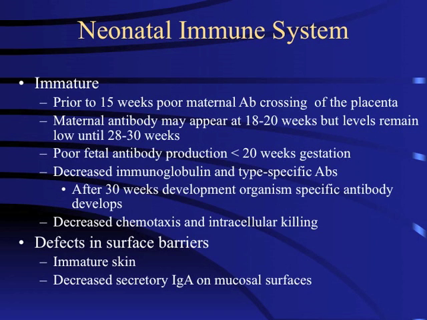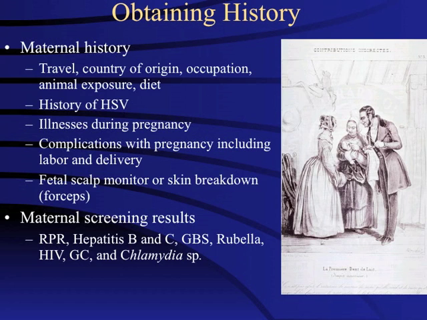There's very poor fetal antibody production at less than 20 weeks of gestation, and after 30 weeks, the development of organism-specific antibodies develops. There's also decreased chemotaxis and intracellular killing, and also at birth, the surface barriers are not as good as in older children. They have very immature skin, and they also have decreased secretory IgA on their mucosal surfaces.